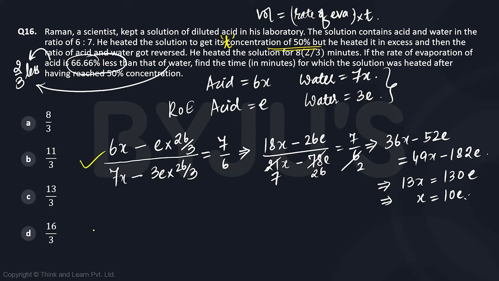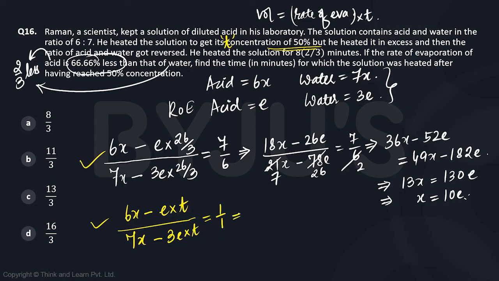Going by the same logic, 6x minus the efficiency of acid into T time, divided by 7x minus the rate of evaporation of water into T time, should have given us 1:1.